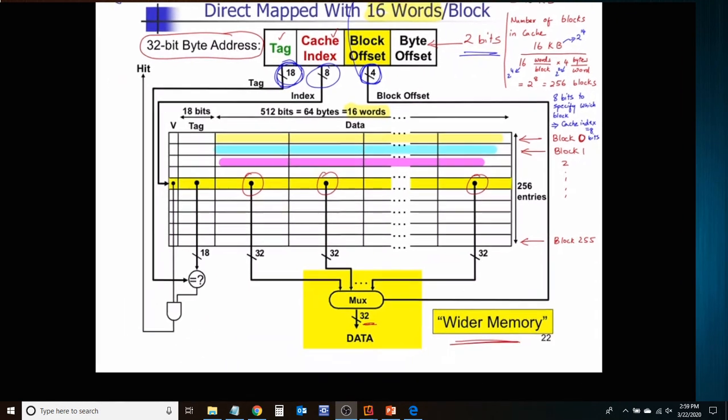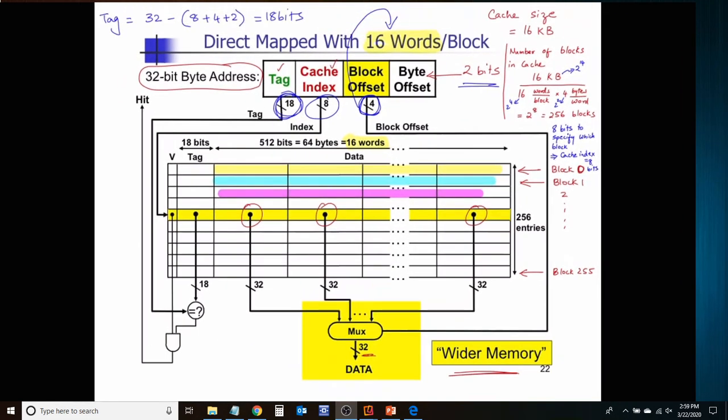Alright, so how is this selection process working? Over here we still have the valid bit. We are still going to get a hit in the cache if the valid bit is 1. And also the tag field that is common to all the words in that particular block is the same as the memory address that we are trying to access in the tag field here, 18 bits. If they do match, then the data from each of those words is going to be available at a multiplexer.